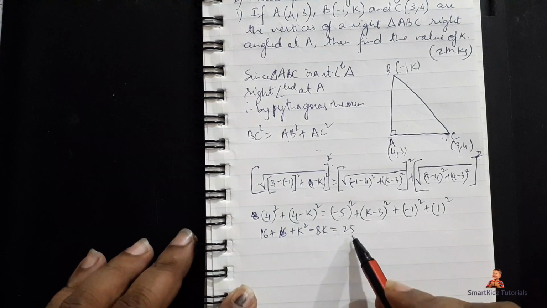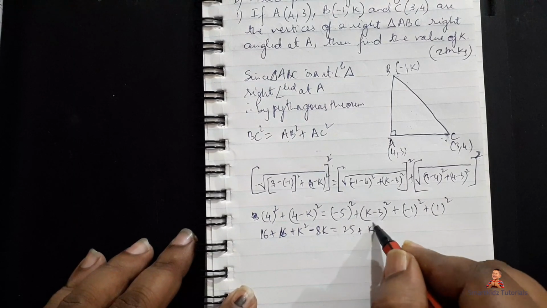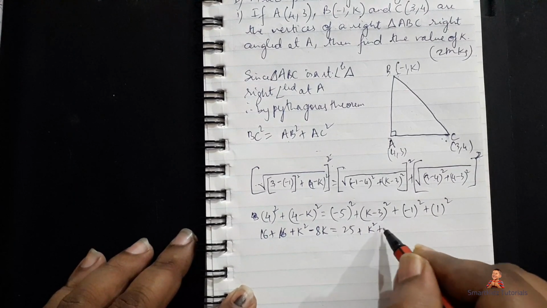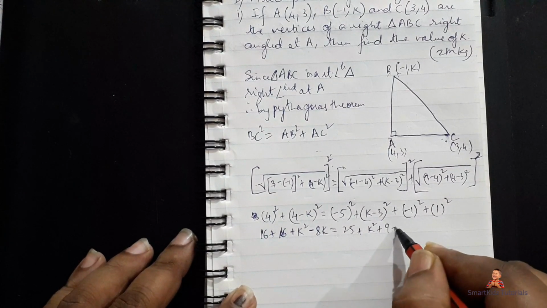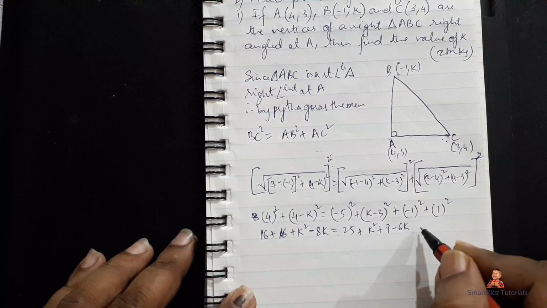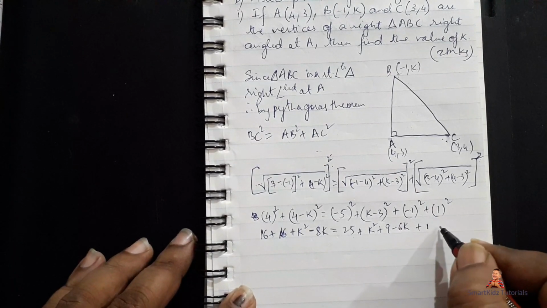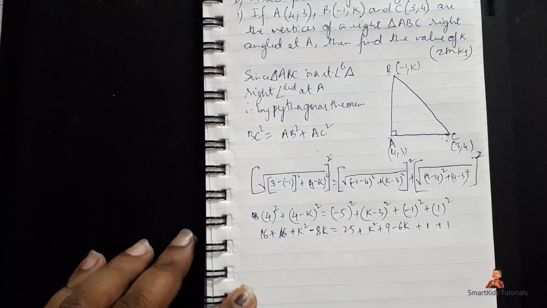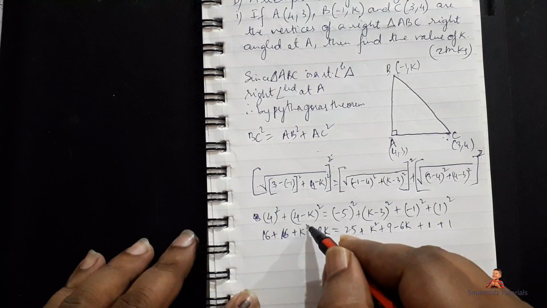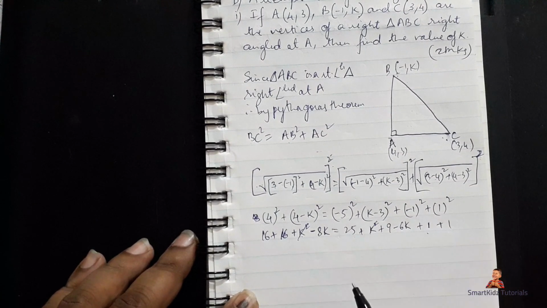Minus 5 whole square will be 25, and again a minus b, so a square plus b square minus 2ab, that would be minus 6k, plus minus 1 whole square is positive 1, and this also would be positive 1. Then k square, they are on either side, so they cancel out each other.